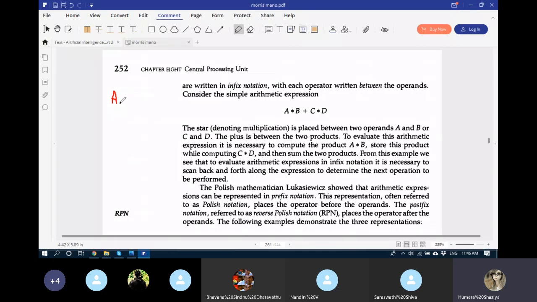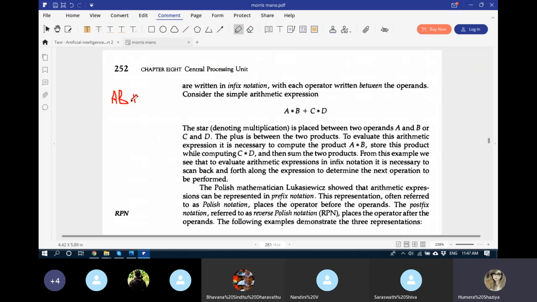So we are going for reverse Polish notation. In reverse Polish notation, you first put the operands. So A, B, and what is the operator? Star, which is the multiplication operator.